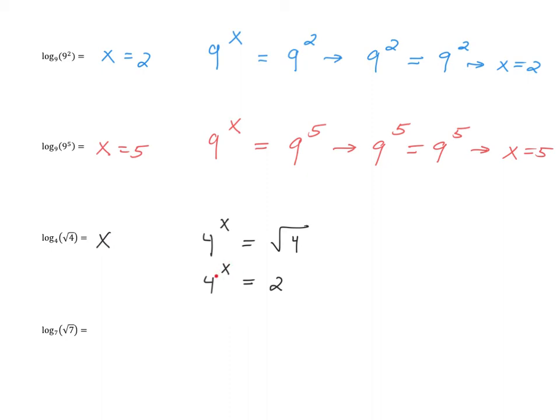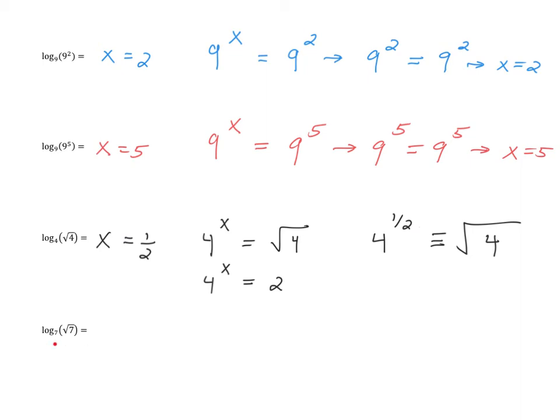What number would I put into the exponent that would make this a true statement? And here the answer is a fraction. 4 to the 1/2 power, by definition, means take the square root of 4. And for this reason, the answer is a half. So if you see a square root, that means it's an exponent of 1/2.